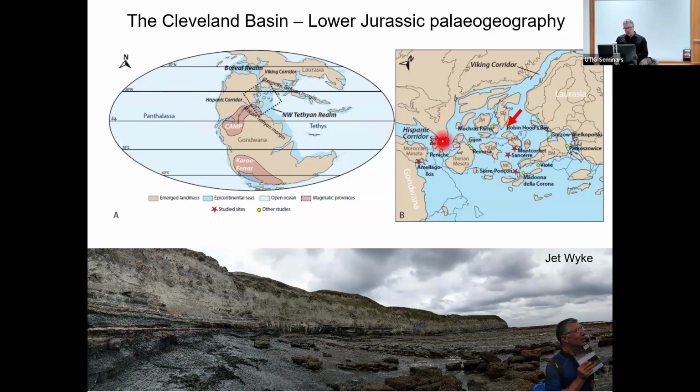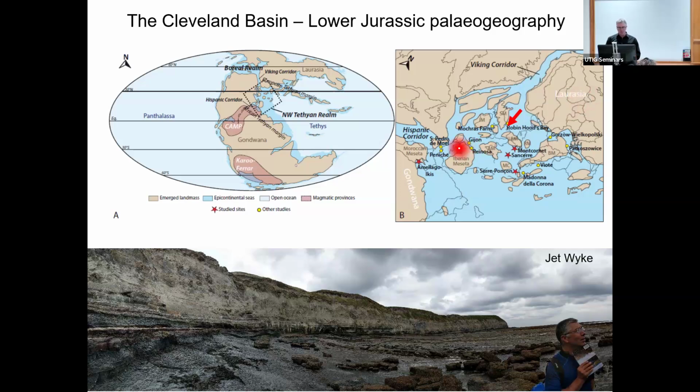Now in Europe here, you'll see that it was pretty complex in terms of paleogeography at this period of time. So there were an awful lot of small islands in the northwest portion of the Tethys Ocean. And then there was a connection between the Boreal Ocean and this part of northwest Europe through the Viking Corridor, which would eventually turn into the Northern Atlantic later on.